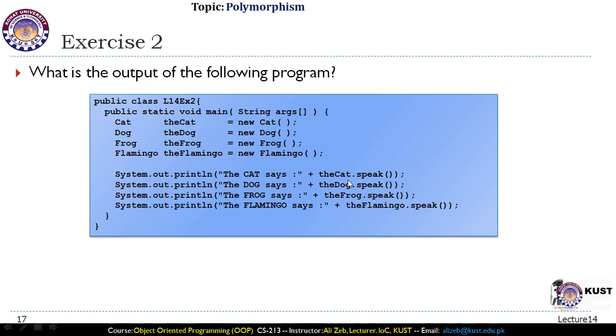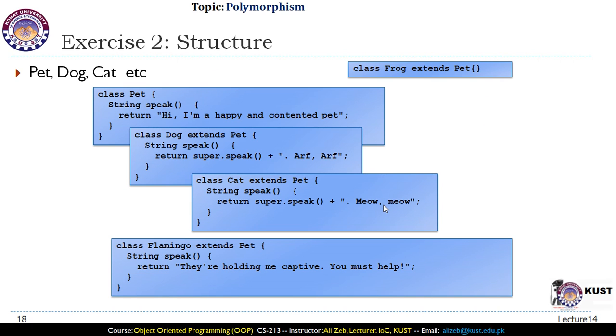So the speak method is being called by the cat object, the dog object, the frog object, and the flamingo object. What should be the output of these method calls if you look at the structure of the classes and their relationships?